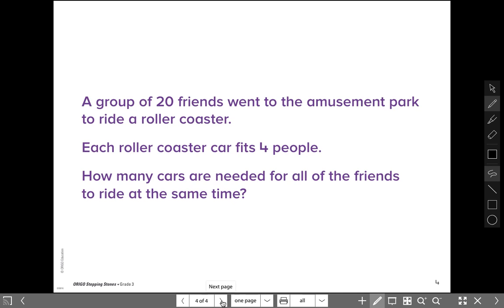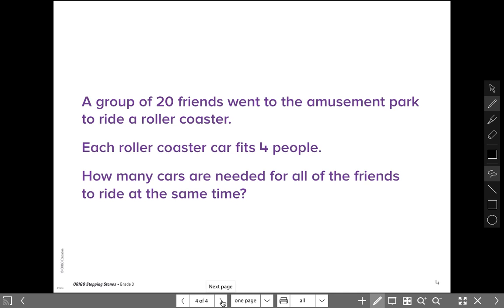Go ahead. Friends wanted to take a trip to the amusement park to ride a roller coaster. Each roller coaster car fits 4 people. How many cars are needed for all of the friends to ride at the same time? Okay.